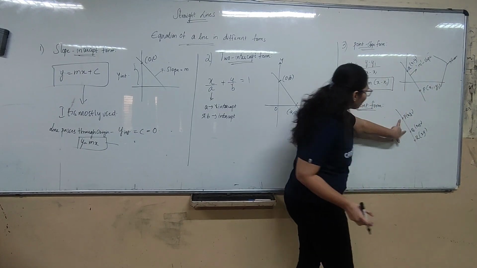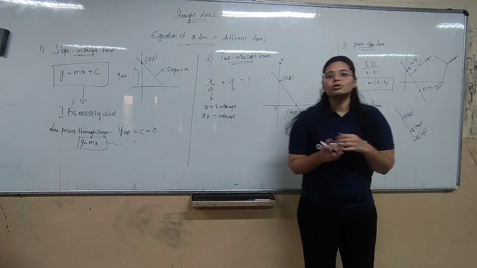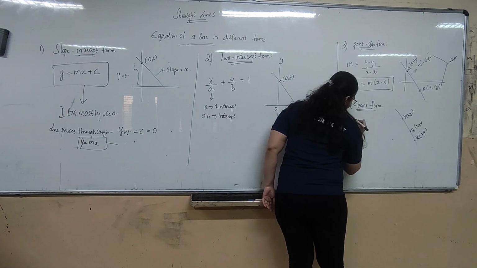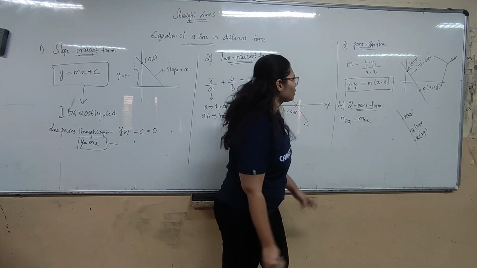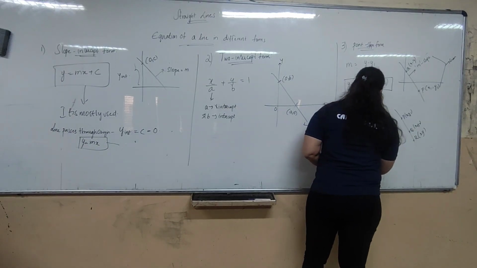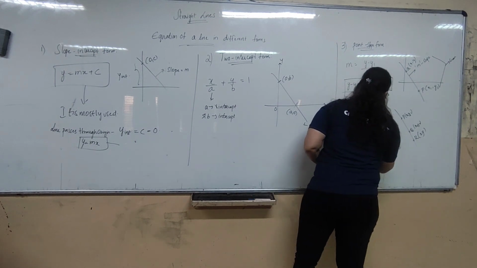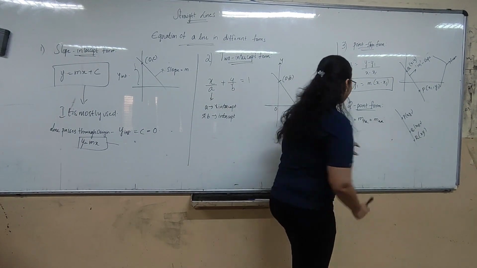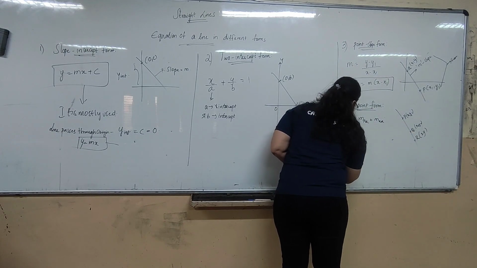So the slope of PQ and the slope of PR are always the same. So slope of PQ is equal to slope of QR. Sorry, PR. Yeah, QR also you can take, PR also you can take, your wish. Now I will take only these two. So what is the slope of PQ? (y2 - y1)/(x2 - x1).